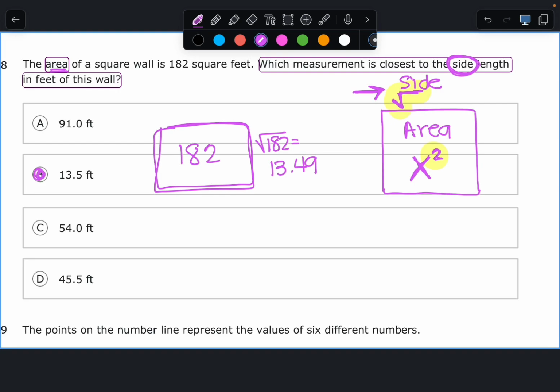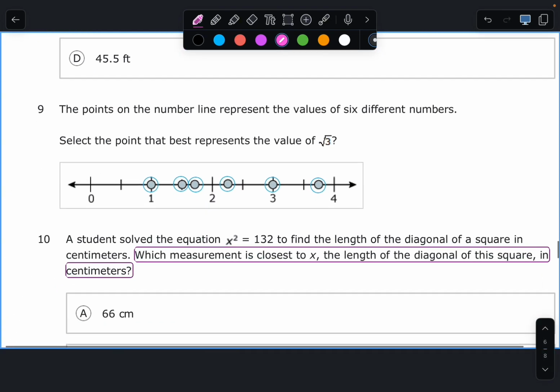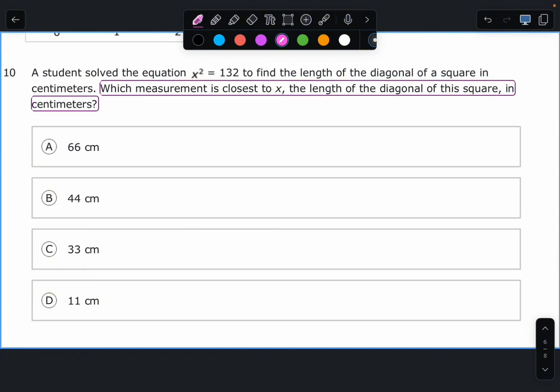Okay. Questions? All right, number 10. A student solved the equation x squared equals 132 to find the length of the diagonal in a square. All they want you to do is solve this equation. Which, to get x by itself, what do I need to get rid of? The squared.